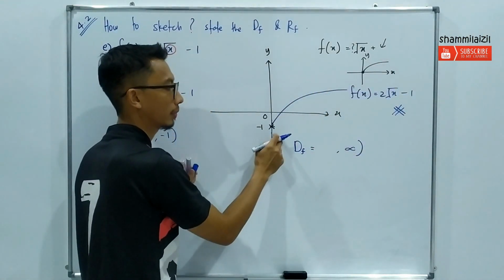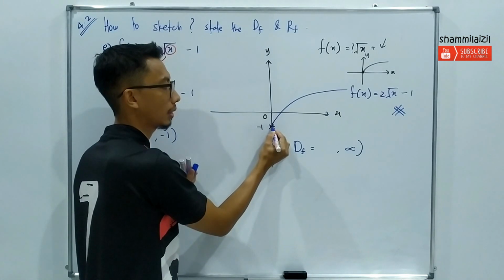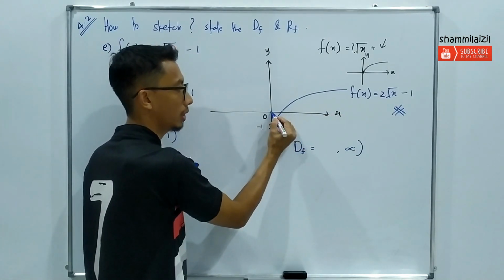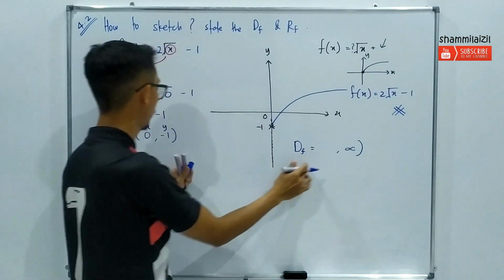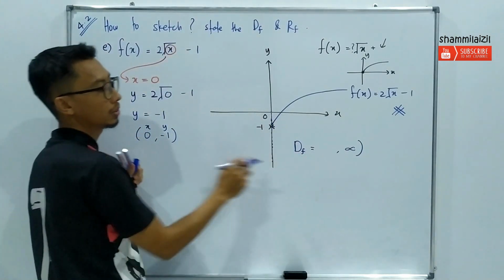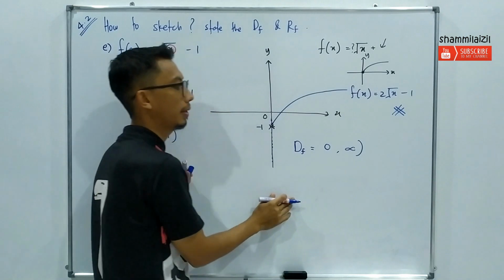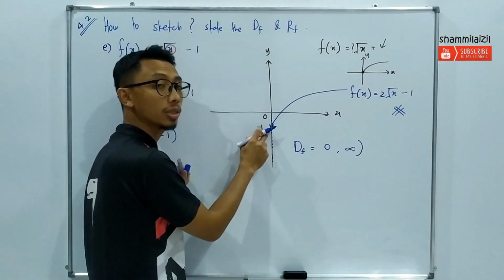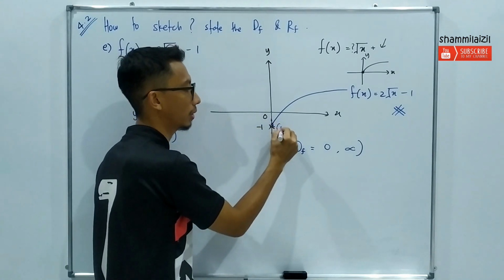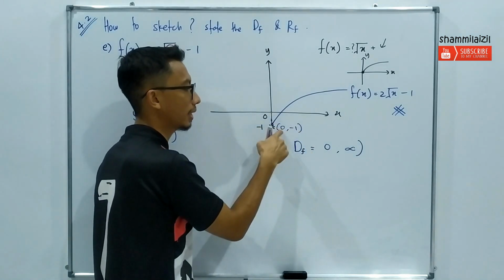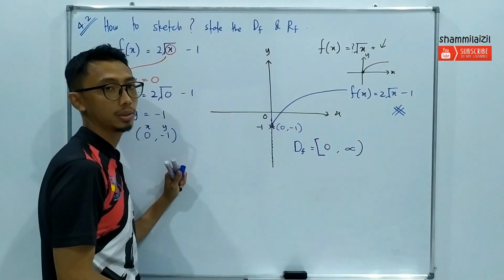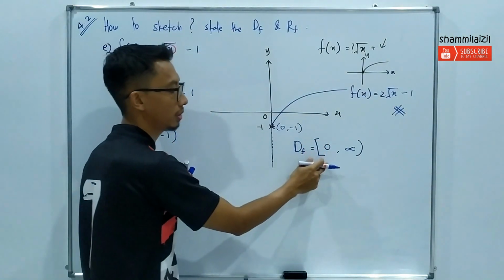It's starting from the x value, right? So for domain, we are talking about x values. The x value is 0. So that's why 0. And then please be careful about the bracket. The bracket at 0, it touched the coordinate (0, -1). It touched the 0. That's why we need to use a closed bracket instead of an open bracket. So this is the domain.